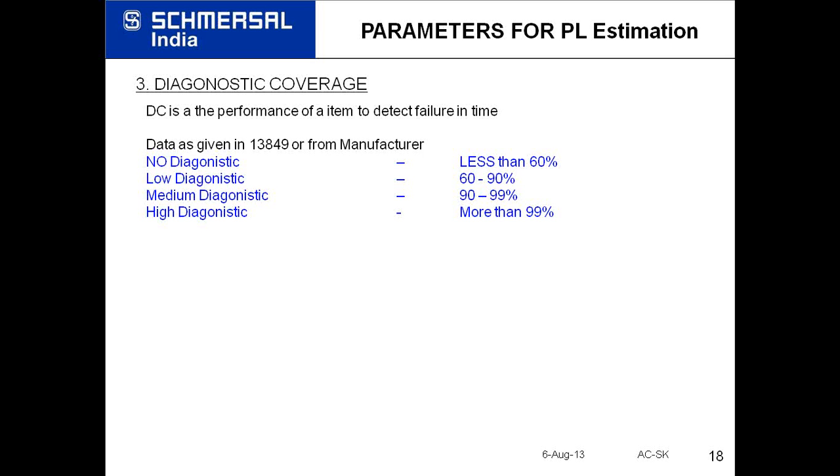It means how intelligent your system is. This will decide whether an accident can happen or not. Then again some parameters are given, like no diagnostic, which is less than 60% diagnostic.